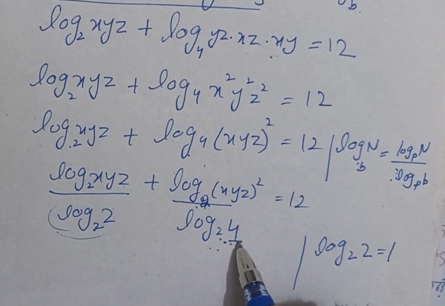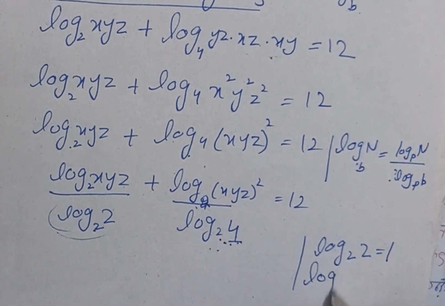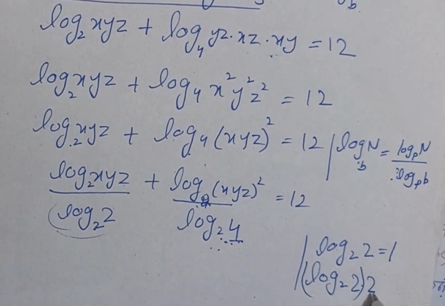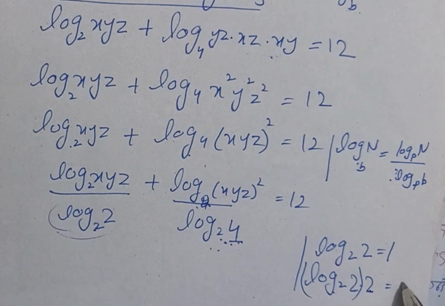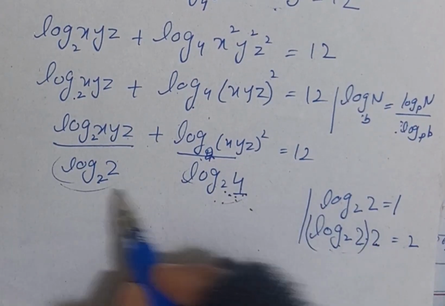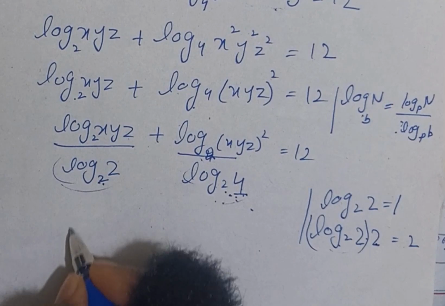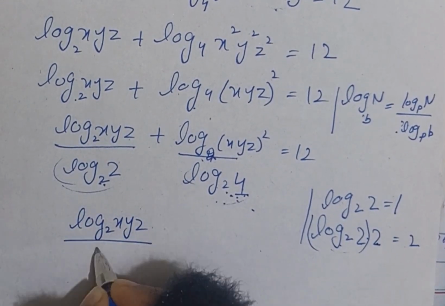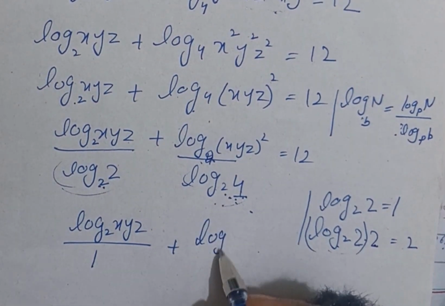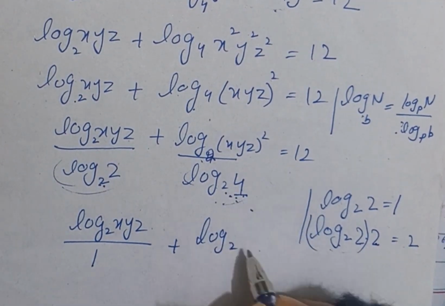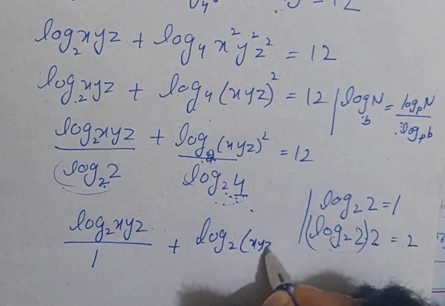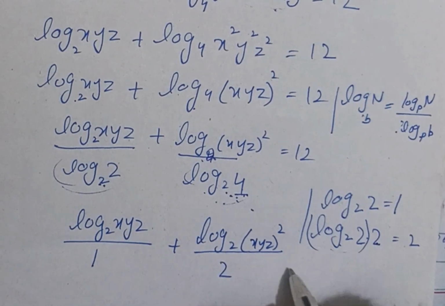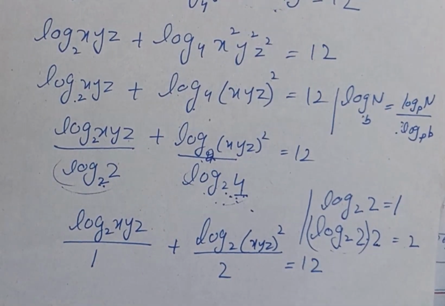So we can write this as log 2 plus log 2, which is 1 plus 1, which is 2. So this will become log of the product of x, y, z with base 2 over 1, plus log of the product of x, y, z whole square with base 2 over 2, equal to 12 on the right hand side.